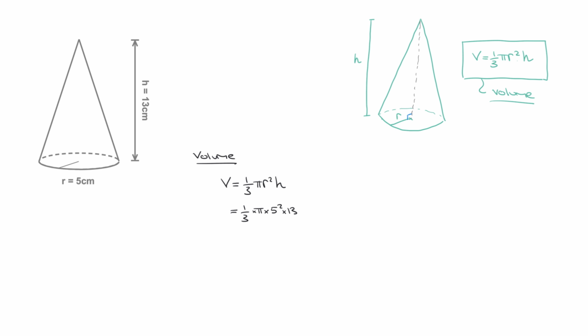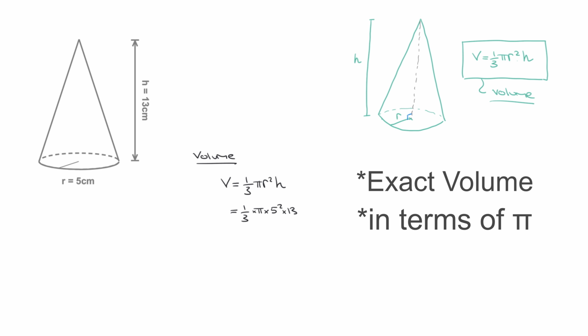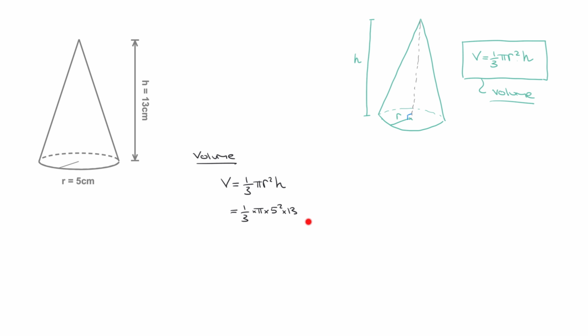And now, if you're allowed to use a calculator, then you could just type all of this into it and get the answer directly. But the answer you'd get would be rounded. And so if ever you were asked for either the exact volume, or you were asked to write your answer in terms of pi, here's how you would carry on. First of all, we can write this entire product as a single fraction.